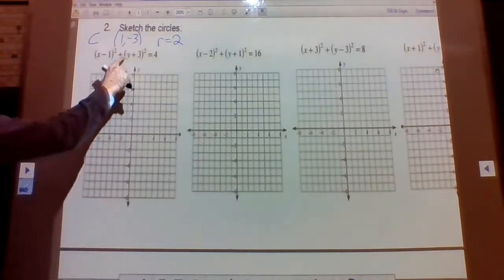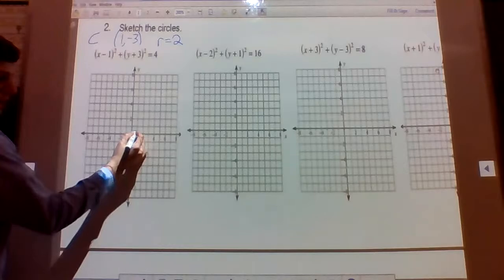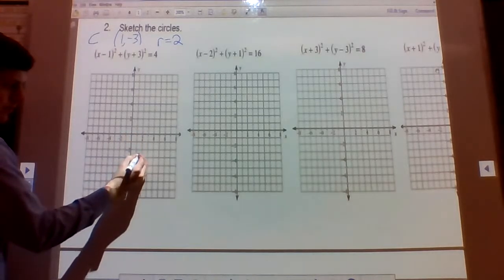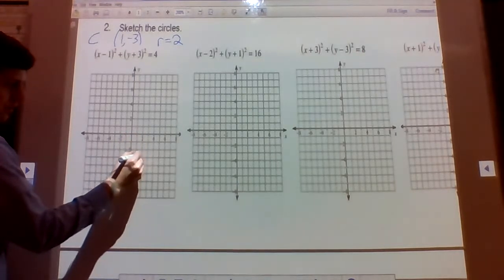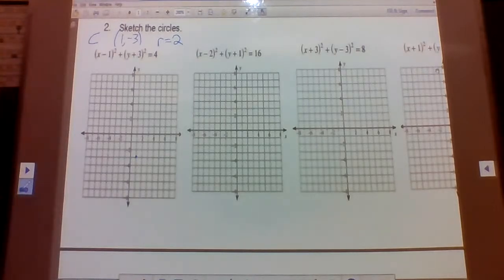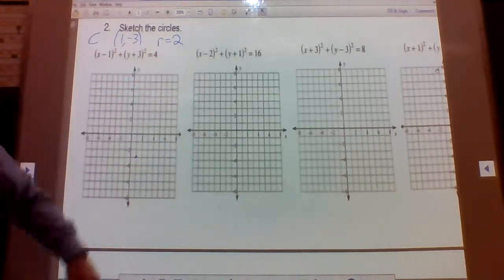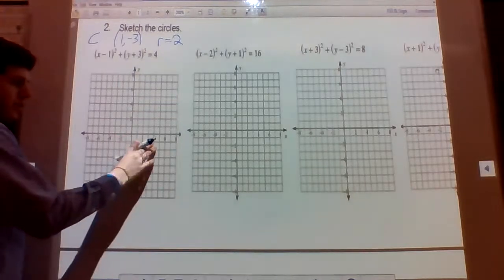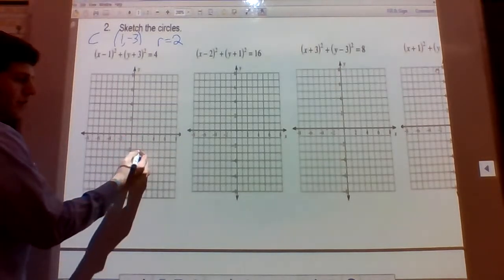So we look at our graph. Our center is 1, -3, so we plot the point 1, -3. It's right here. So that's the center of our circle. And then we want to sketch the circle. So the circle, every point on the circle is going to be 2 units away from the center. So it'd be difficult if we go on a diagonal, but we can go straight up 2 units.